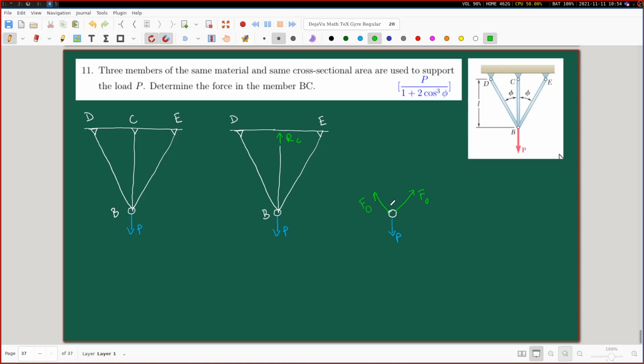And this force, what is it going to be? Well, you can clearly see for yourself that if I isolate the member BC, its free body diagram will just look like this. This is RC here. This is RC here. Let me reduce the length of this.